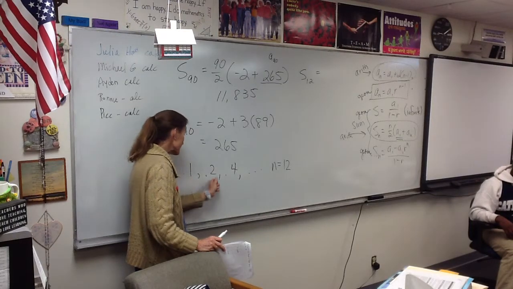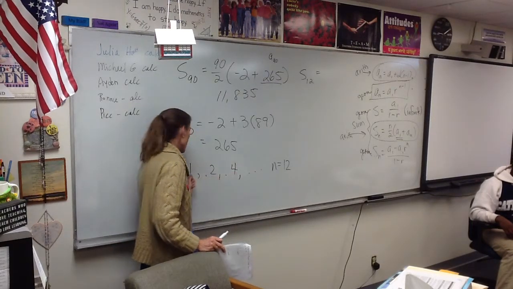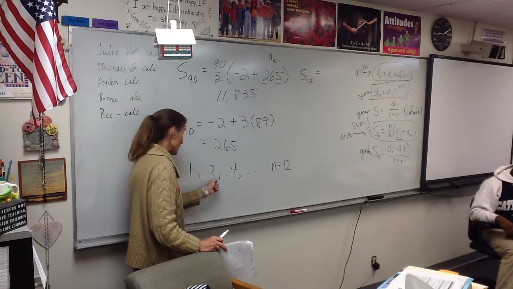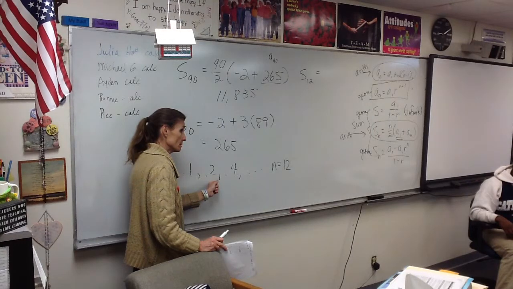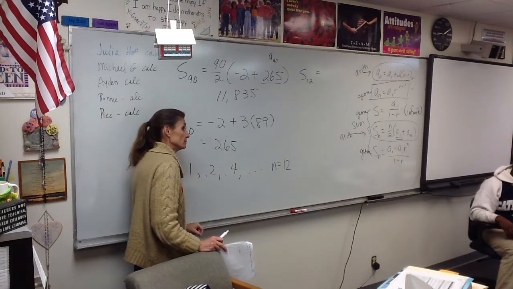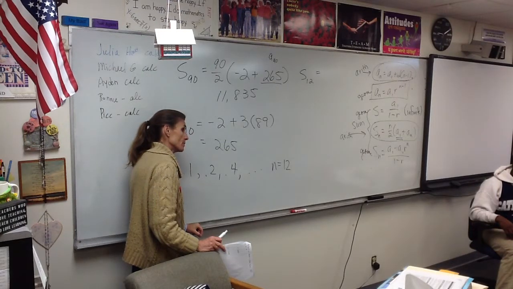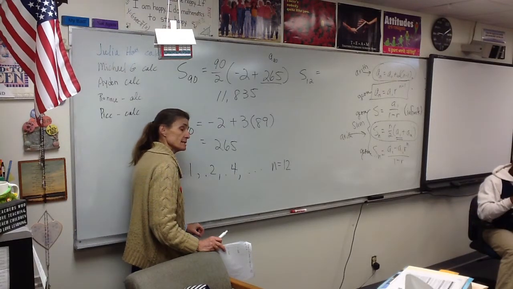I have to do the same thing here as I do here. So what am I doing? If I add 2, I'll get this? Well, you need to figure it out, because it is not that hard.